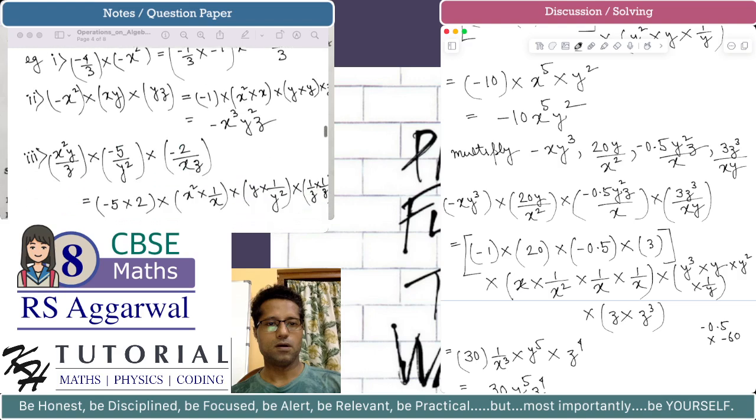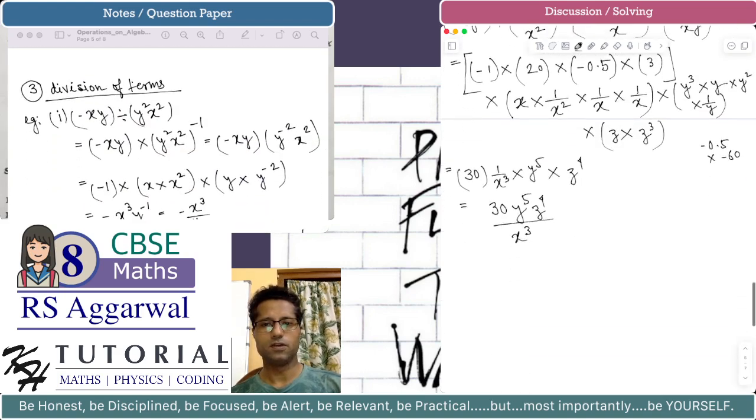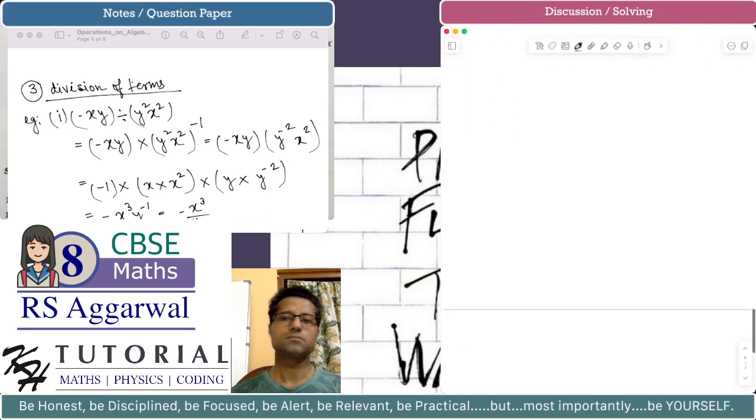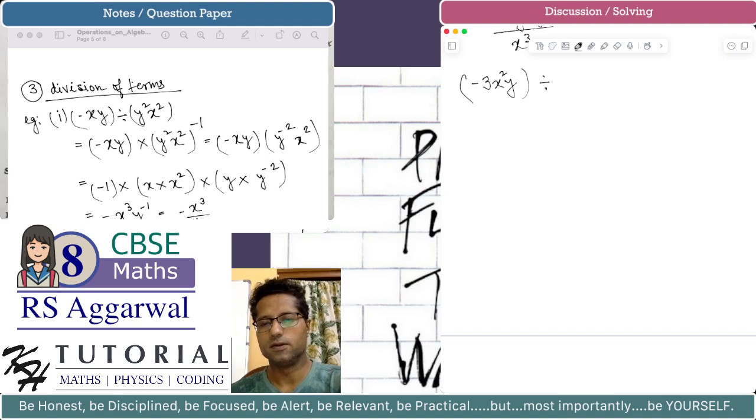Now the division of terms is very similar. Let's say we have to divide the term minus 3x square y by, let's say, xy.